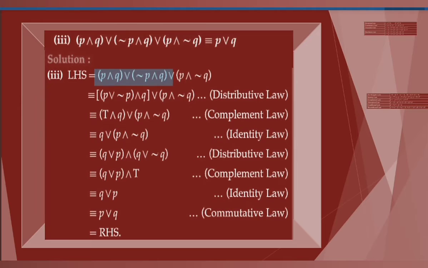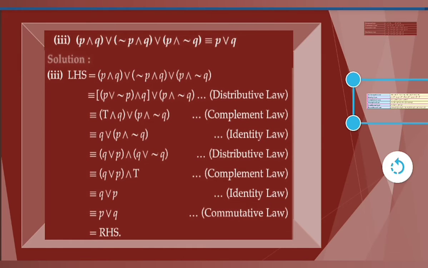Here in this bracket take common. Which is common? Q is common. Write it here, and the remaining goes in this bracket: P or negation P, bracket close, and Q, bracket close, and this or is written as it is. This bracket is written as it is. This is the distributive law. Now again use the complement law. See the table.